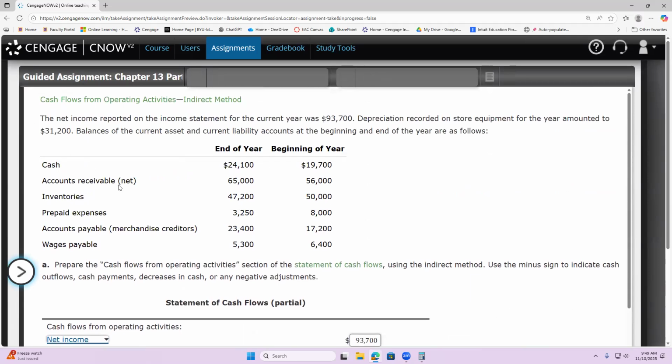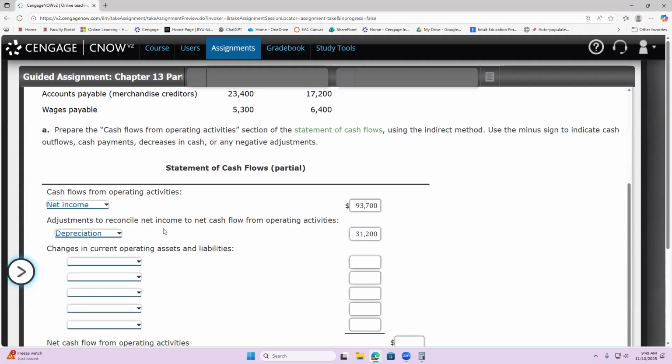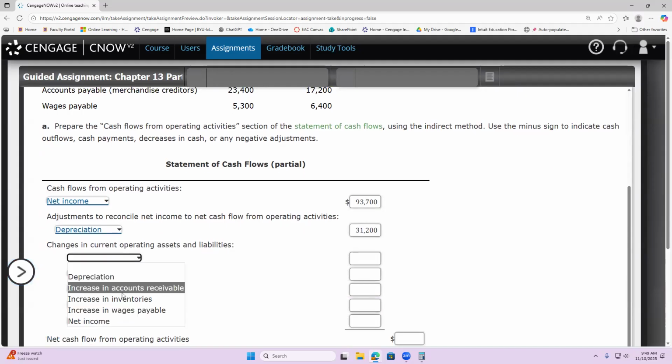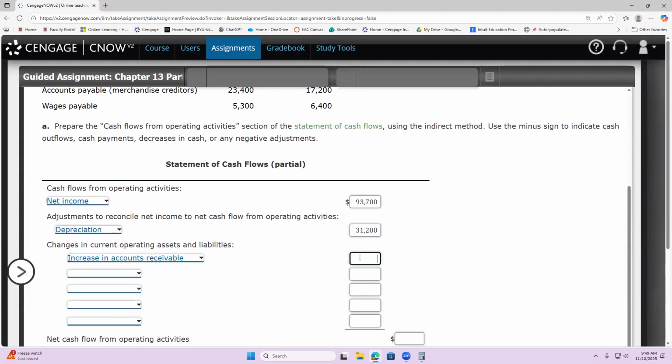And remember, we exclude cash from this. So we'll start with accounts receivable. Accounts receivable is an asset, and to find the difference, we would just subtract the end of the year minus the beginning of the year, and we see that it went up by $9,000. So if an asset went up by 9,000, we're going to adjust down by 9,000 because assets are opposite for this.